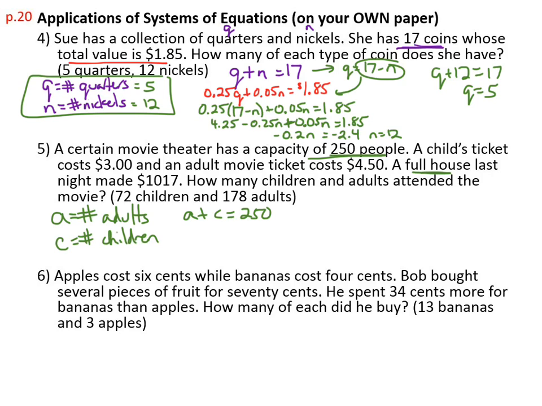Then we can look at the cost of each with how much they made, that second equation. So if a child's ticket cost $3, an adult ticket cost $450, and they made a total of $1,017, then our second equation is going to be $450 per adult, so 450A plus 3C, $3 per each child's ticket, is equal to $1,017.